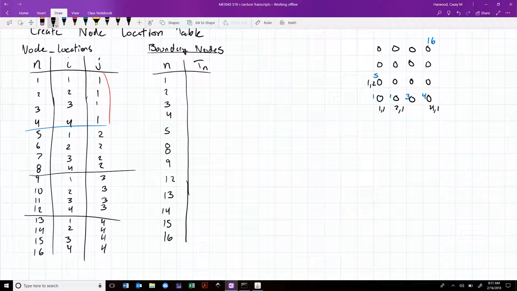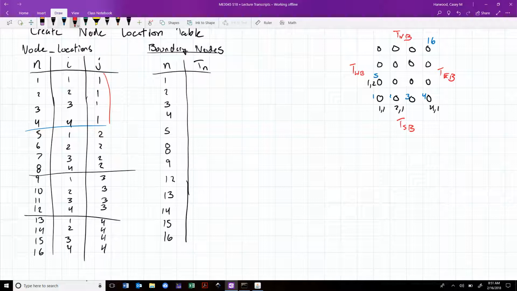And because we've defined the temperatures at each of these boundaries, we've got T east boundary, T north boundary up here, T west boundary, and T south boundary, we can go ahead and use the information about i and j at each of these points to fill in what the temperature is.